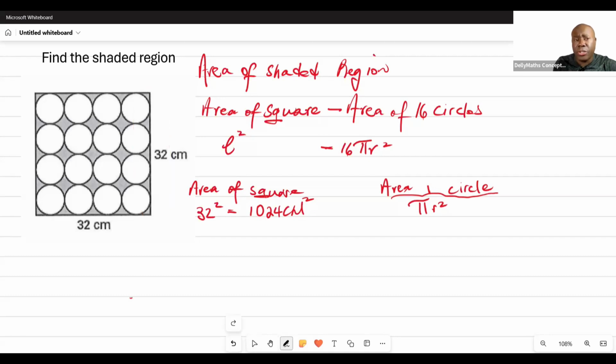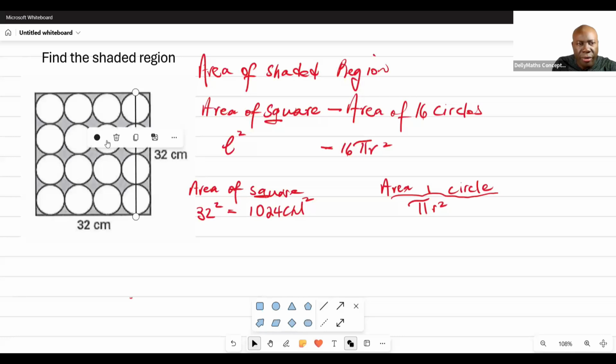So the length is 32. 1, 2, 3, 4 circles. Technically, there is a diameter for each, so we actually have 4 diameters stretching across here.